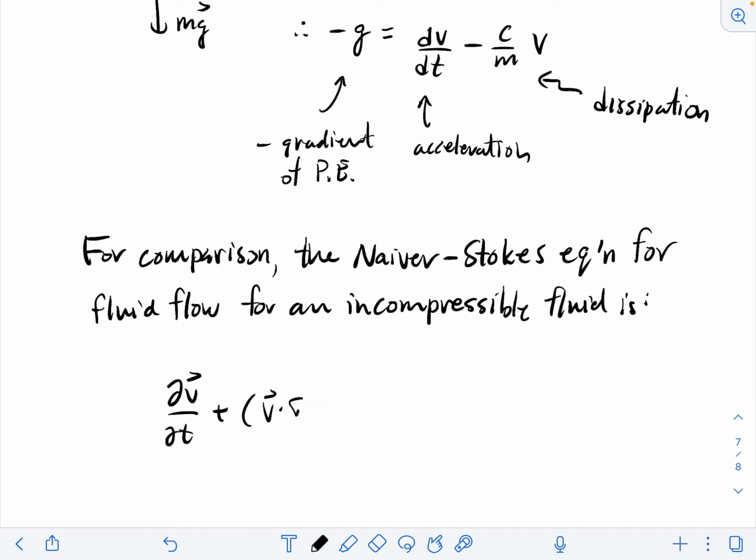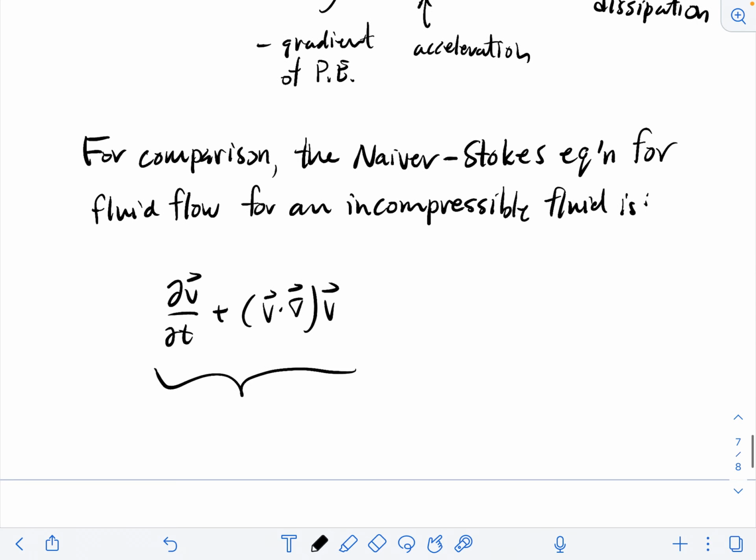So this is the acceleration term. We have this term for our superfluid, and it would be equal to minus the gradient of the potential divided by m, which is minus the gradient of the potential energy.